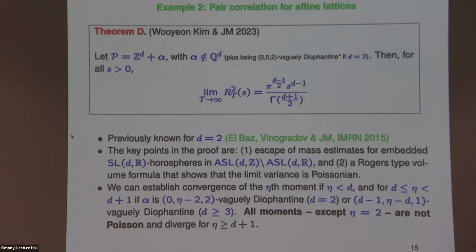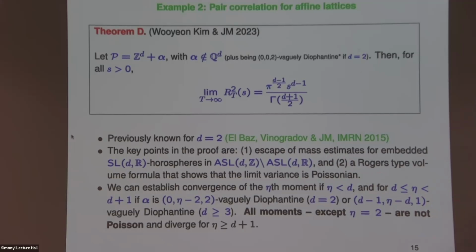The key points of our proof here are, of course, the theorem that I had with Andreas on the convergence in distribution, but then also escape of mass estimates, because in order to prove convergence of moments, you need to control the moment. Convergence in distribution doesn't imply convergence of moments.